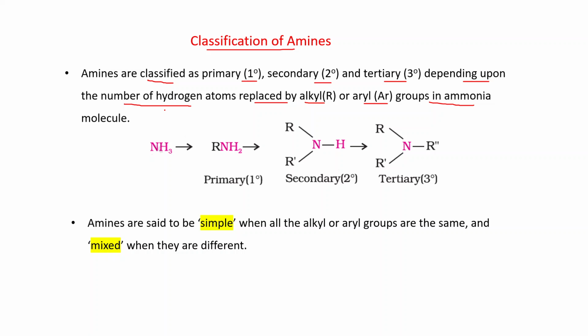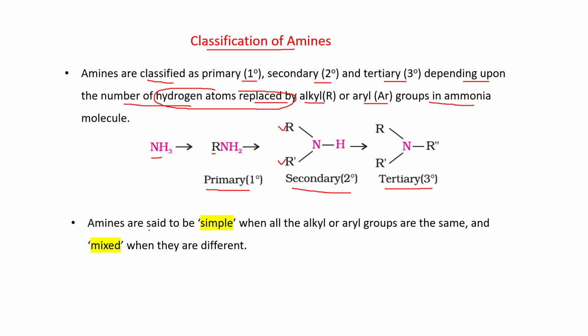But in this case, the classification depends on the number of hydrogen atoms replaced by alkyl or aryl groups in ammonia. See, this is ammonia. If one hydrogen atom is replaced by an alkyl or aryl group, we get a primary amine. If 2 hydrogen atoms are replaced, we get a secondary amine. And if all 3 hydrogen atoms are replaced, we get a tertiary amine.